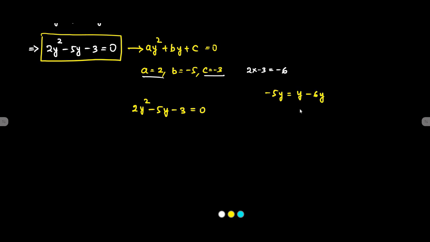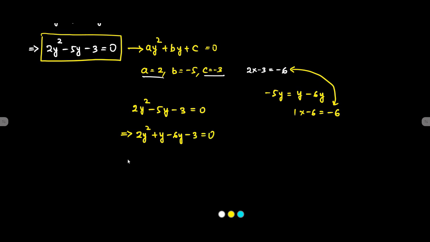So in that case, here the coefficient is 1, here it is minus 6. 1 into minus 6 is minus 6. So here also minus 6, here also minus 6. So we'll split it. That implies 2y square plus y minus 6y minus 3 is equal to 0.